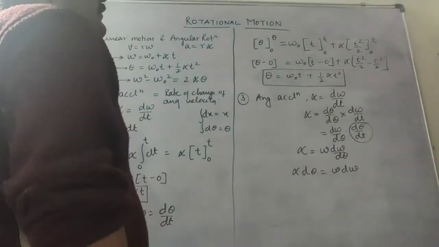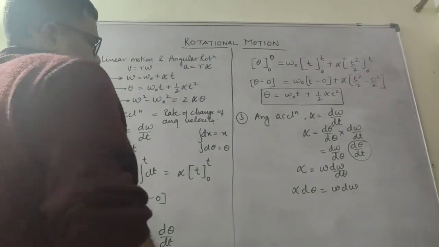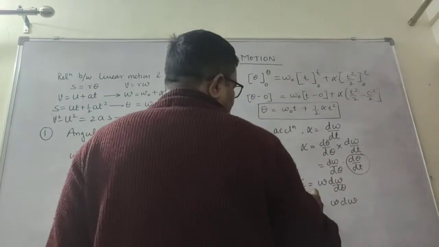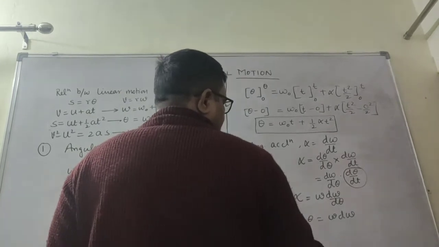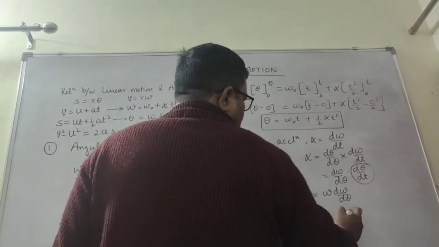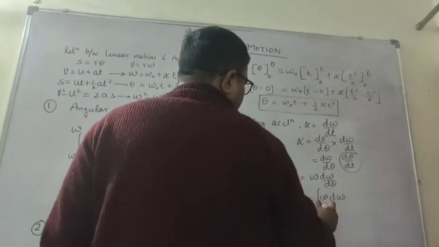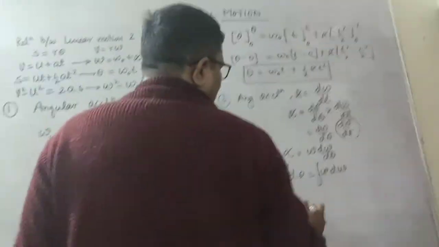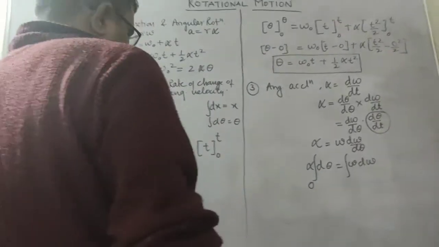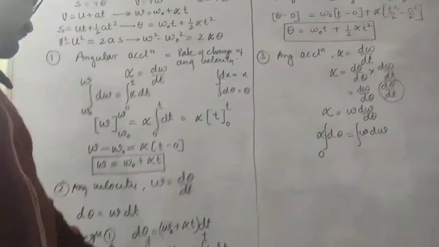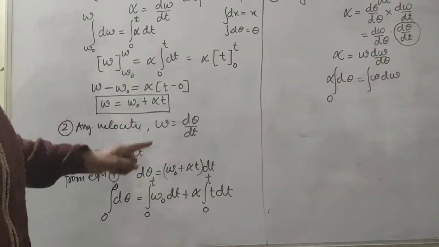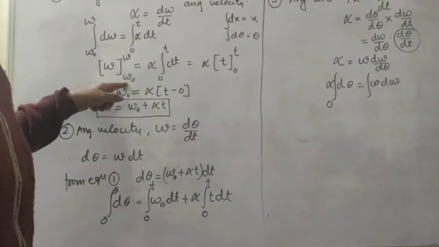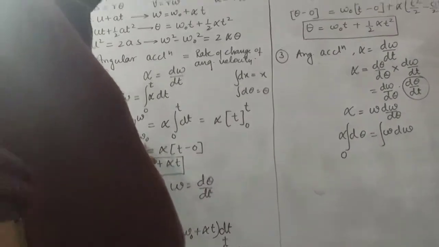You will not change omega into w. Now applying the limits. When displacement is 0, time is 0, and the velocity is the initial angular velocity.